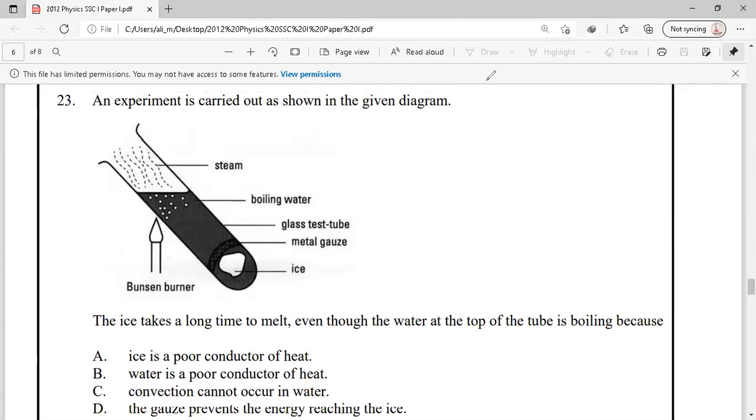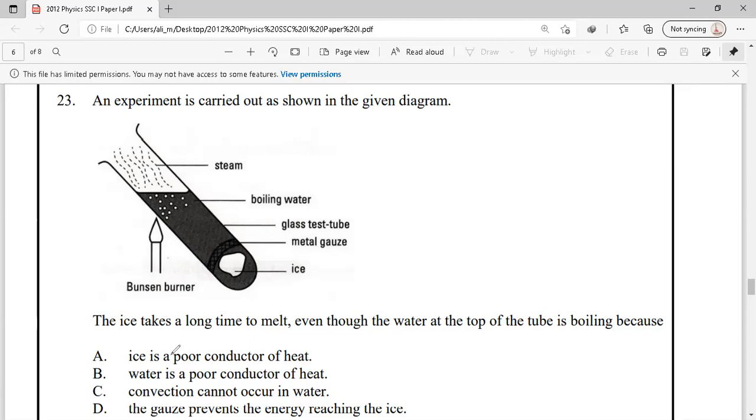The ice takes a long time to melt even though the water at the top of the tube is boiling. If we are heating the test tube at this central part, the water boils before the ice melts. So we have to identify the reason.